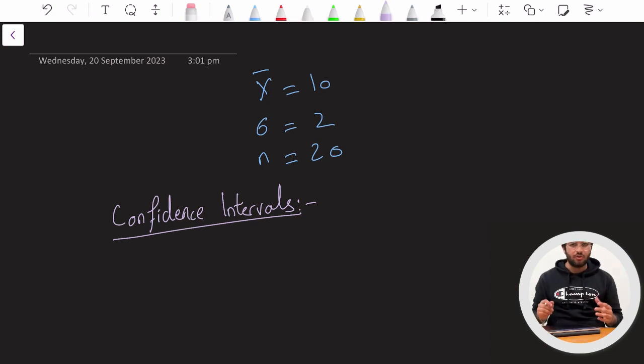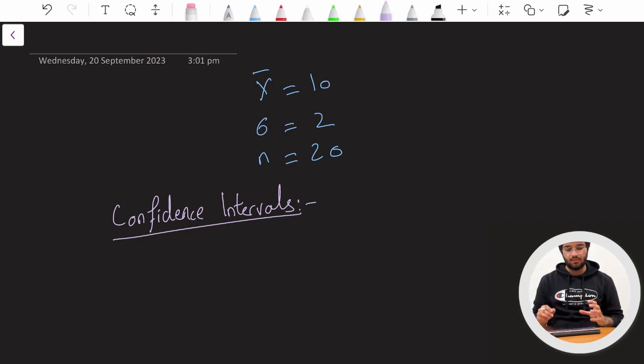So what is a confidence interval? Well, it's an interval. It is used to predict something, to show something using your data. In our case, it's the mean of the population that we are trying to estimate.